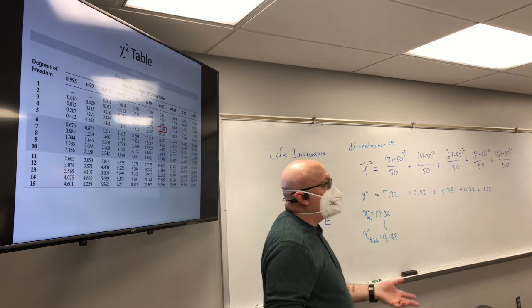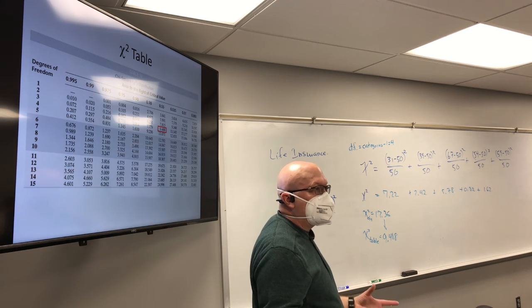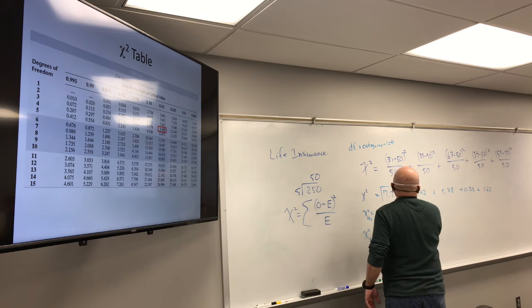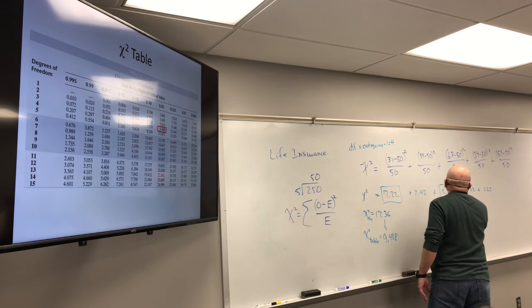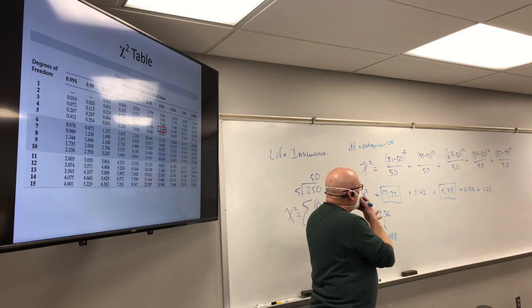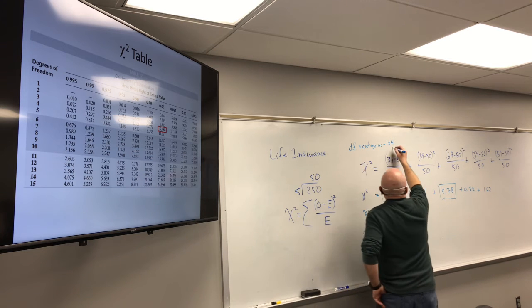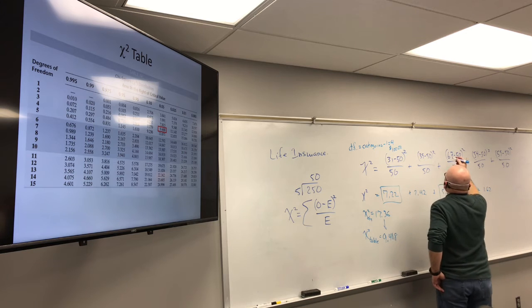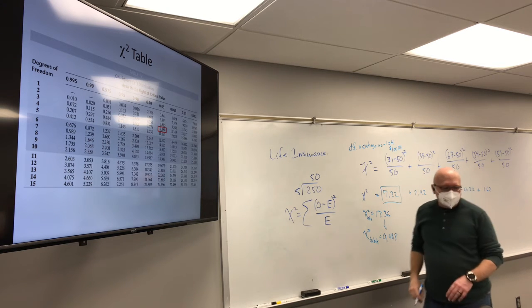Some of them are larger than they should be, some of them are smaller than they should be. And of course, you can look at the contributions to the chi-square test and see that these are not homogeneous because the $10,000 policy and the, what is it, 25? I don't even know.